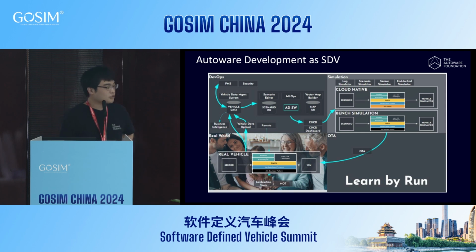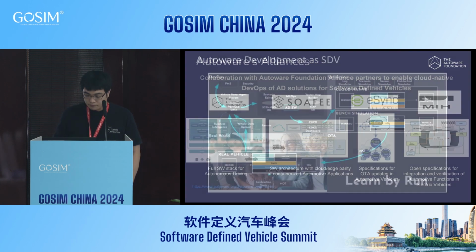Once those trainings and additional modifications are done, we want to make sure the updated features are tested in cloud simulation, using a similar architecture with hardware system parity on the cloud side, and then deploy the same software that was tested in the cloud simulation to the real vehicle through OTA, to have this continuous development of autonomous driving in the cities.